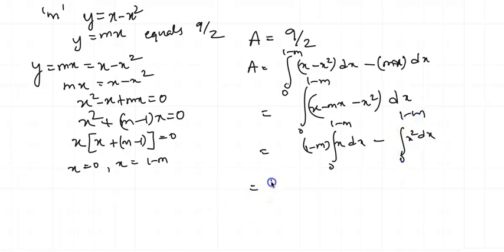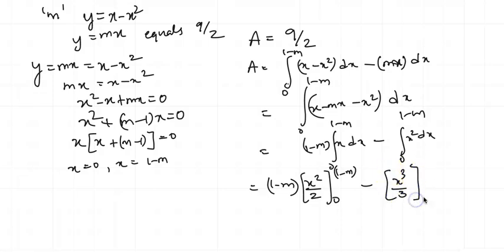So this will be equals to (1 minus m) into x square by 2 with limits 0 to 1 minus m, minus x cube by 3 with the limits 0 to 1 minus m.